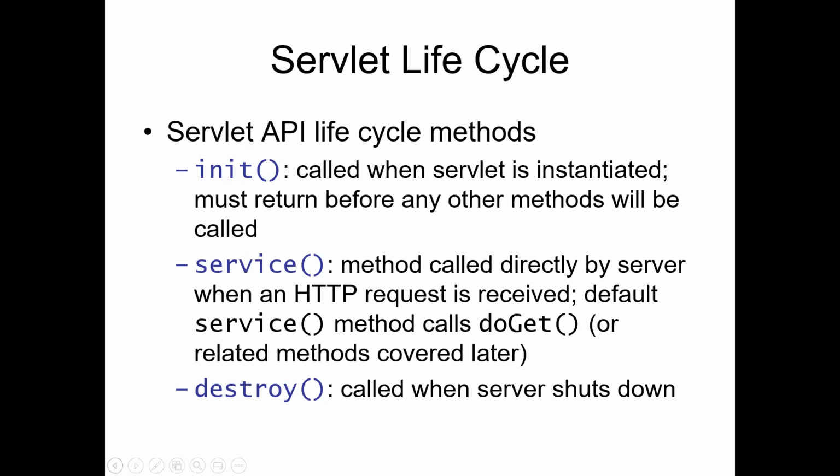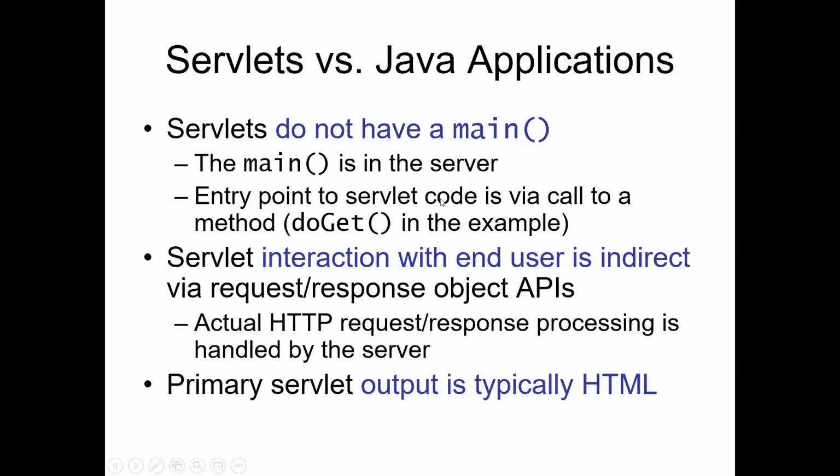So the entry point for Servlet is via doGet and doPost. Please try to understand this: Servlet is a Java program, I said, but it is not exactly a Java program, because a Java application must have a main method, but Servlet does not have a Java main method.